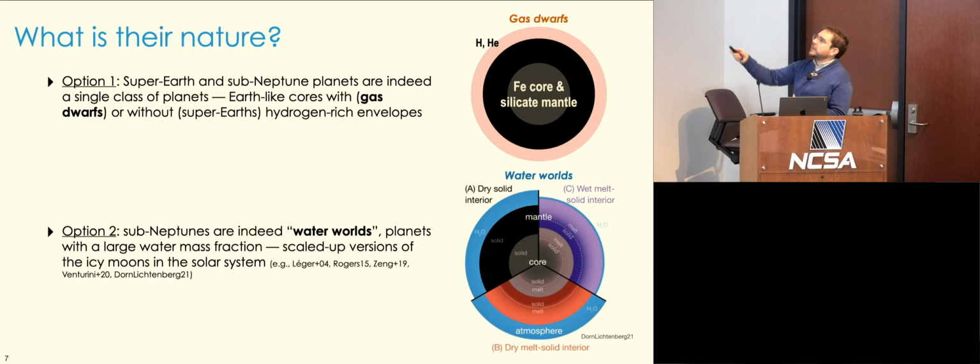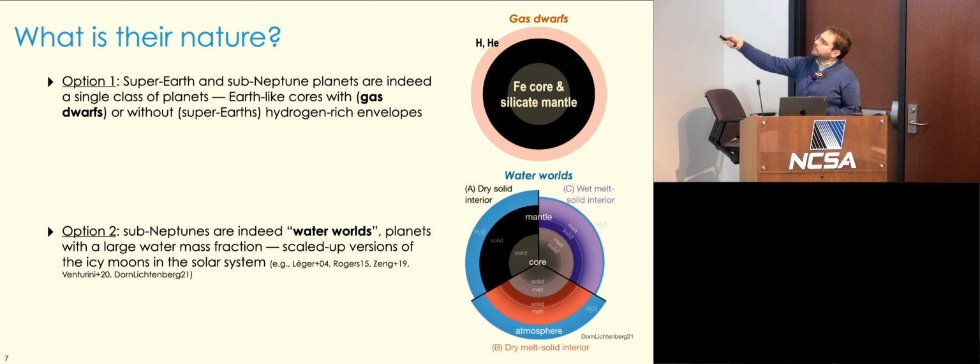Certainly these models, in which you would have a rocky core, something like the Earth, and on top a big amount of water, do not really work, because that water is subject to a lot of irradiation for most of the discoveries that we make. So that water would be in a steam form, creating a really big atmosphere of steam.